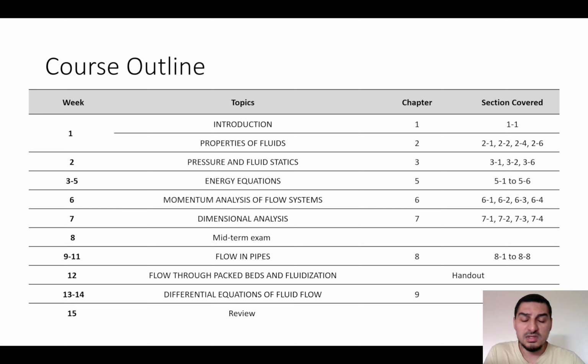One thing that we like to cover, and we have handouts for this from another textbook, so we already have materials for this part. And finally, we discuss the differential equations of fluid flow, which is also an important chapter that we cover at the end.